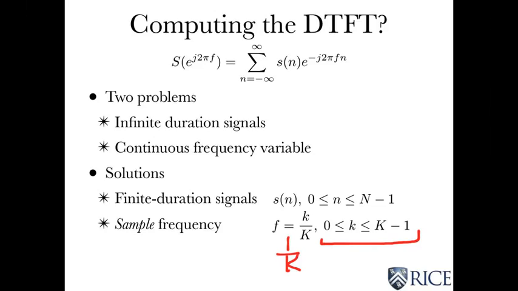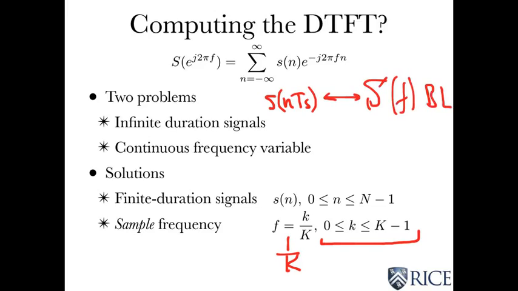So why would this work? Well, let's think about the sampling theorem that we've already talked about. If we had an analog signal and we sample it every T sub s seconds, we know we can do that if the spectrum was band limited. And of course, the sampling rate was properly related to the bandwidth of the signal.